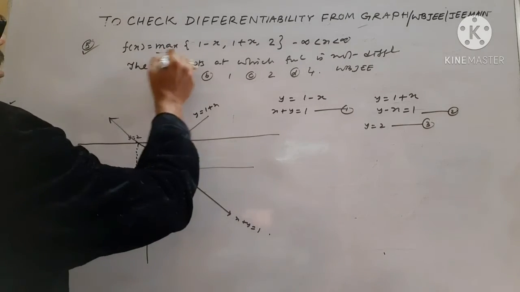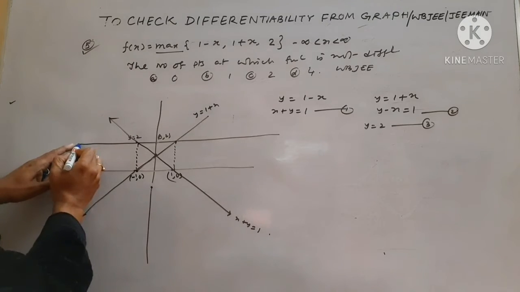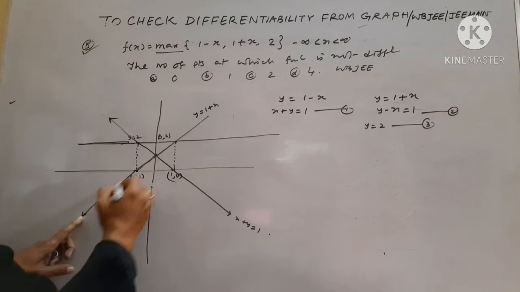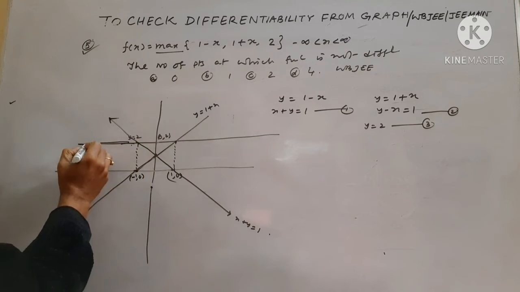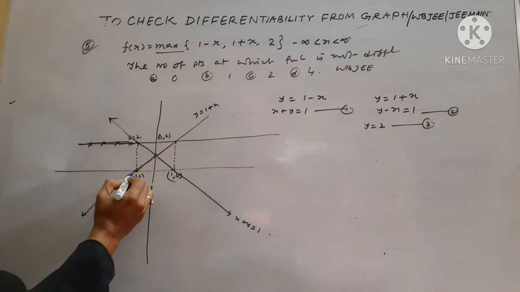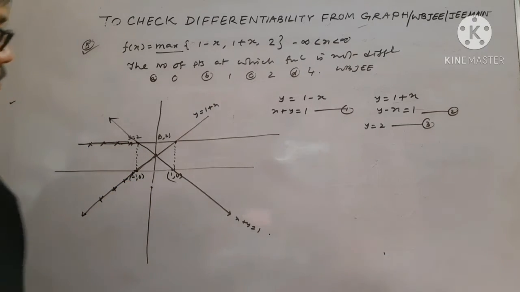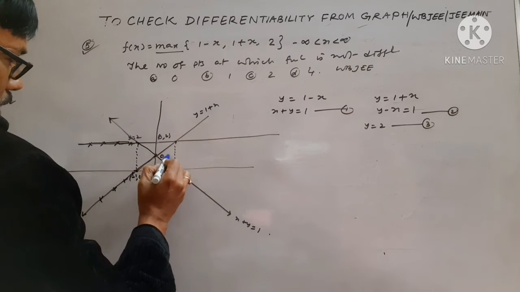Now we see the restriction, maximum. So we are getting this graph, and this graph. So what is the maximum? This one is maximum. So this part is cancelled out. This part is cancelled out. Now this is 0, 1.